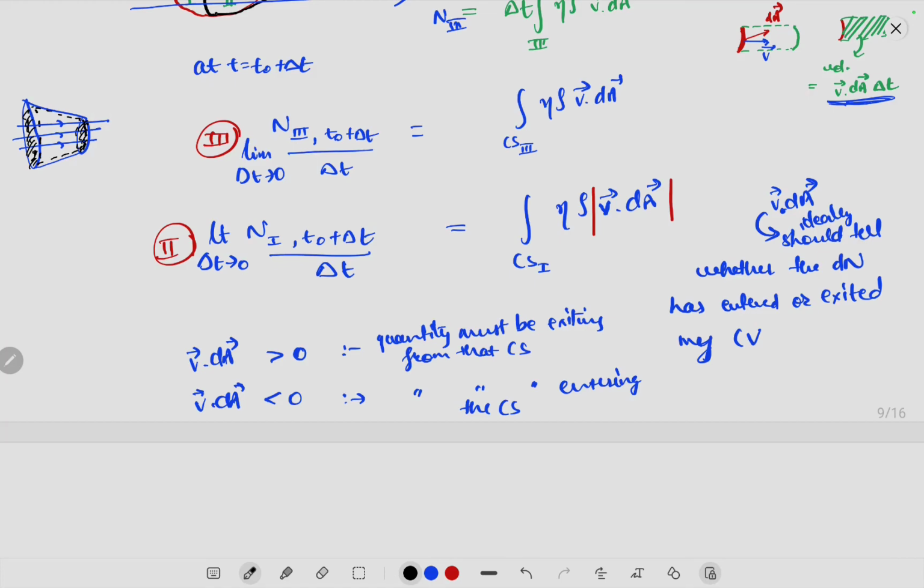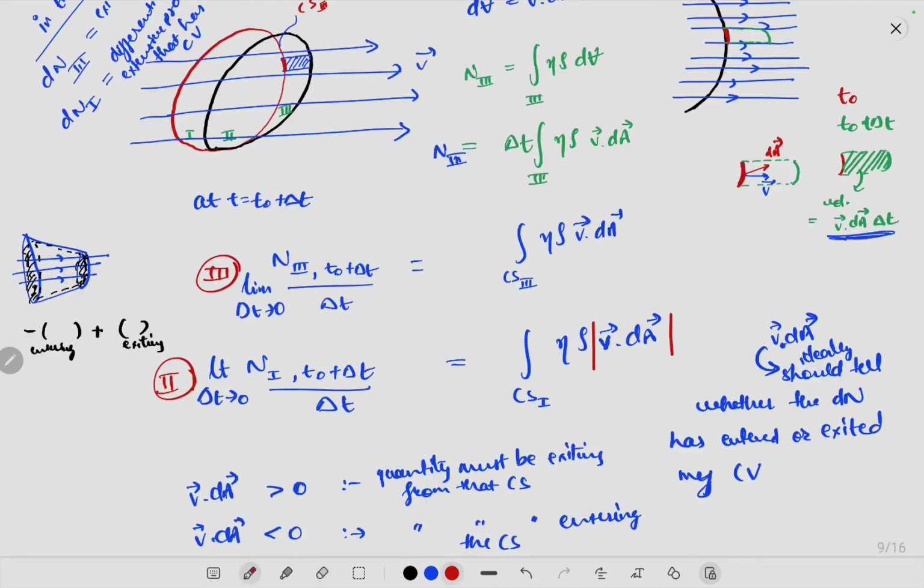Okay, so then instead of finding v dot dA vector, I will put a negative sign and measure the quantity for the one in which this quantity is entering, and put a positive sign for the one in which the fluid is exiting, and find the mod value of this thing.